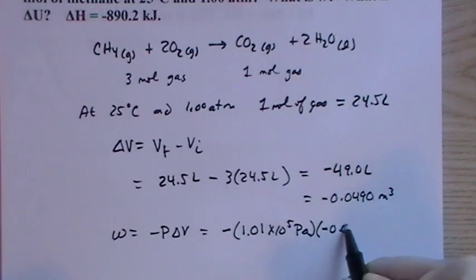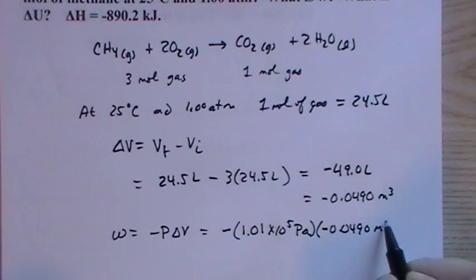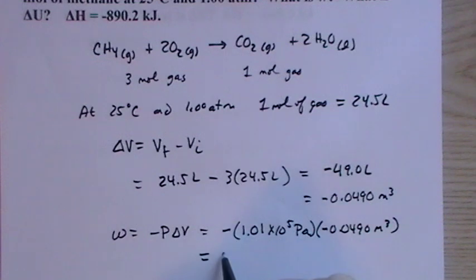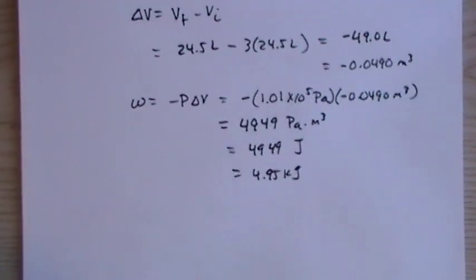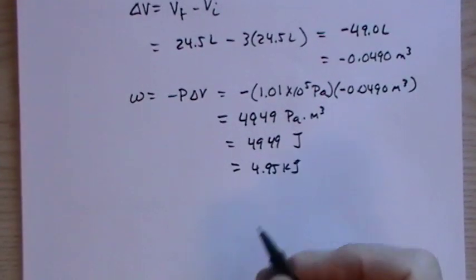And this is negative. And this comes up to be, because there's a negative and a negative, 4,949 pascals meters cubed, which will be joules. And we can change it to 4.95 kilojoules because we're going to need to. All right, so that's our work.